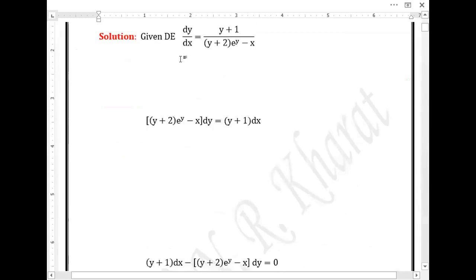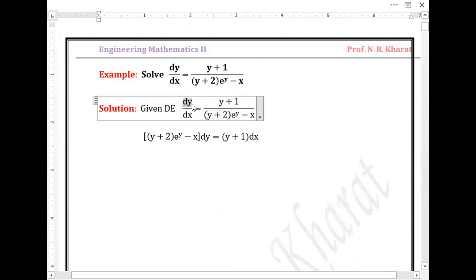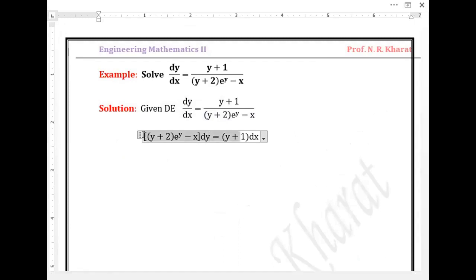The dy gets multiplied by the denominator of the right hand side, that is (y plus 2) into e raised to y minus x dy, and y plus 1 gets multiplied by dx. This is the separation of the equation by making the cross multiplication.